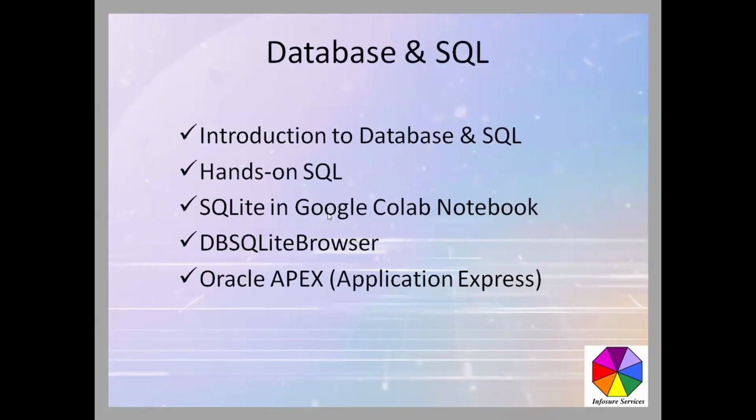SQLite can be accessed through a Google Colab notebook. So 1, 2, 3, and that extend class, which is totally third party. That means I don't do anything, I go straight and start writing queries.